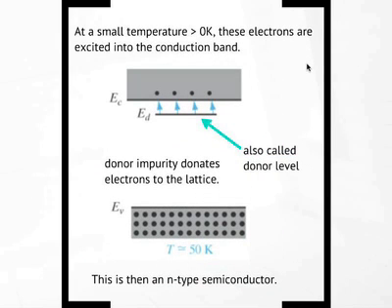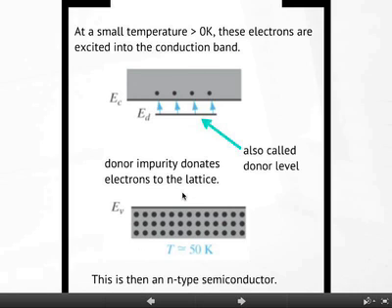So at a very small temperature, greater than 0 Kelvin, these electrons are very easily excited to the conduction band. Okay, this is also called the donor level because they are donating the electrons. The donor impurity donates electrons to the lattice. So now you see something strange, right? There are no holes here. There are plenty of electrons here, no holes.